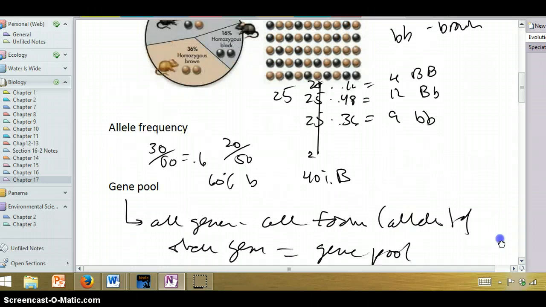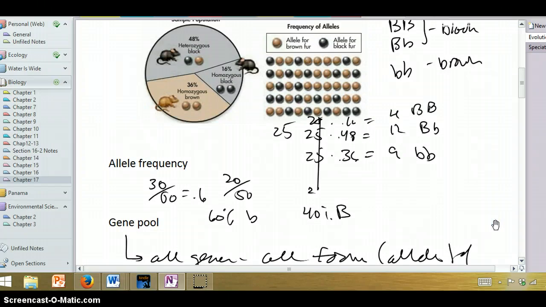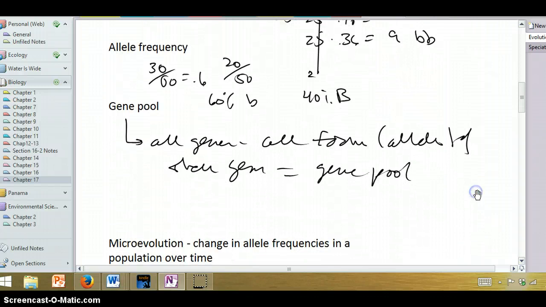And the gene pool for populations can vary a great deal. For example, the gene pool of the population of Japan is probably a bit different than the gene pool of, say, Panama or Kenya.